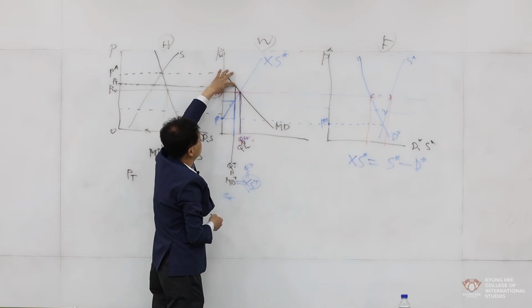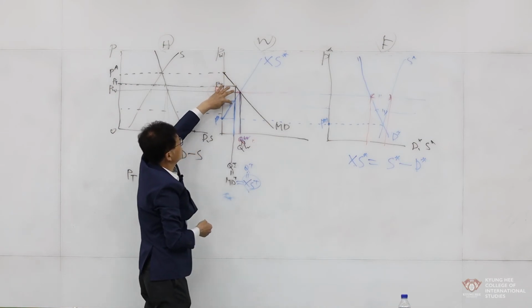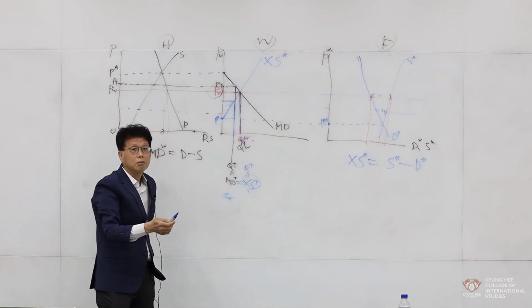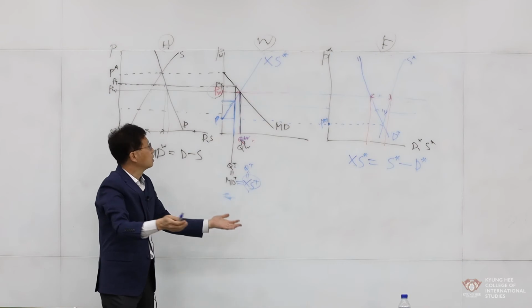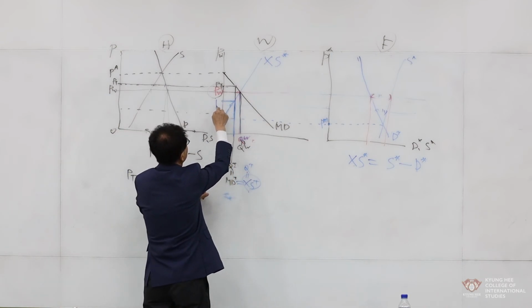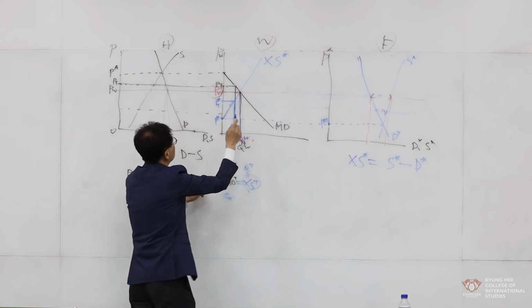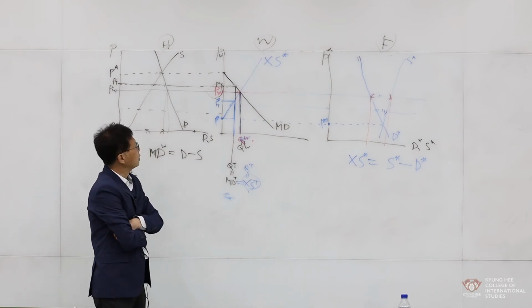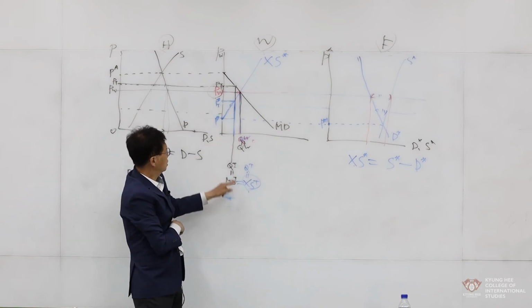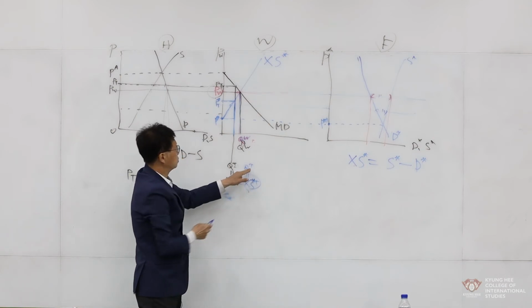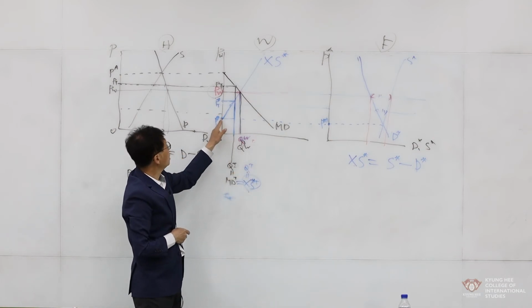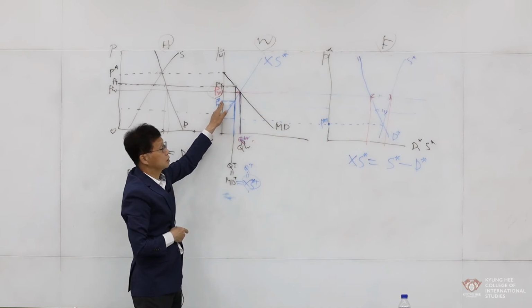The quantity of import demand by Korea should be equal to export supply by Australia. Then equilibrium again. Right? So we call that PT star. At this PT star, export supply by foreign is equal to QT. Right? So the new equilibrium price in foreign is PT star.